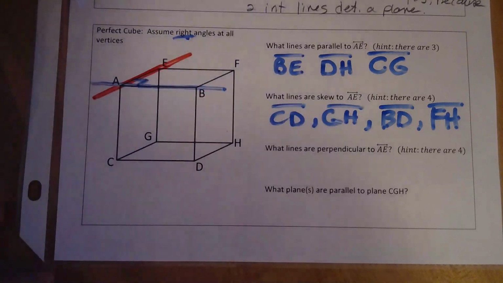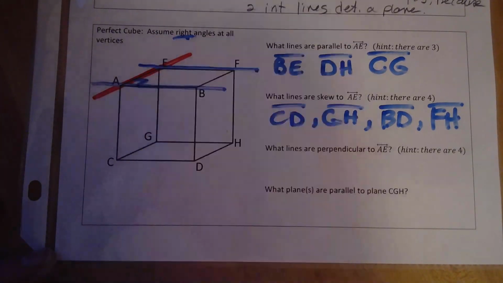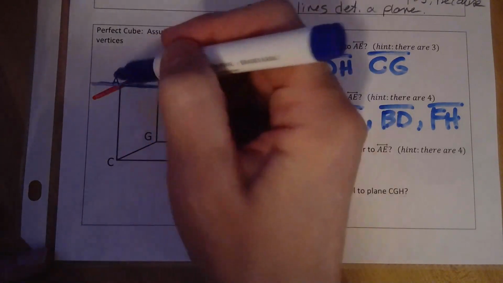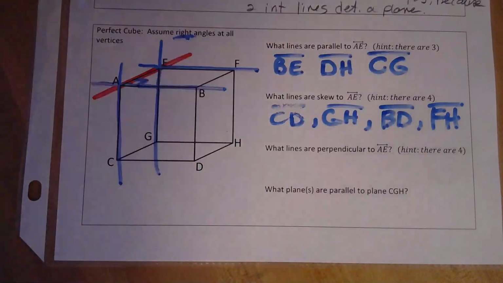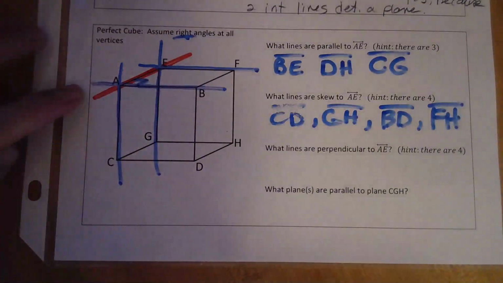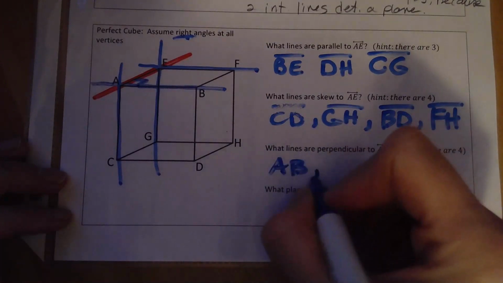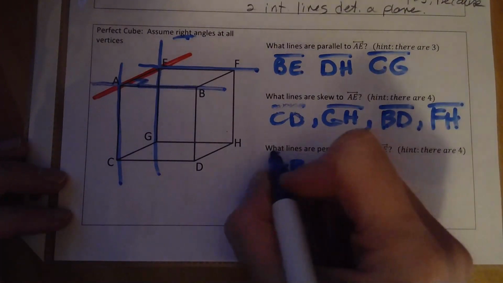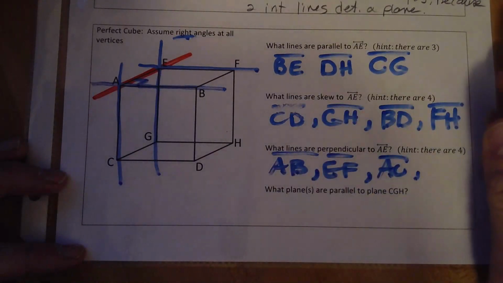So that would be like a right angle there and there. And then you would have 2 more here and here. Notice those 4 lines all cross over my AE line. So we had AB, EF, AC, and EG.